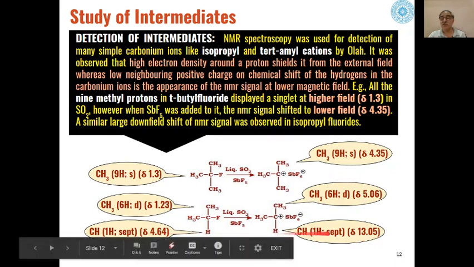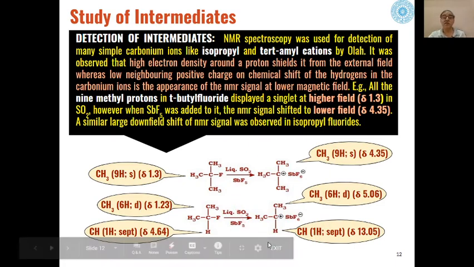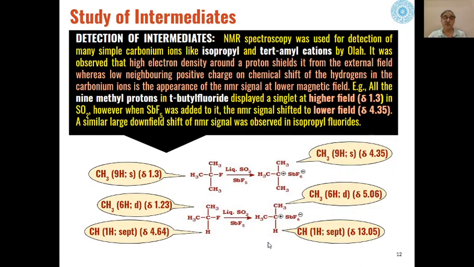So you can see the difference in the position of the signal for these groups because of the formation of these types of intermediates. So detection of these intermediates gives us an insight into the mechanism of various types of nucleophilic substitution reactions or elimination reactions.